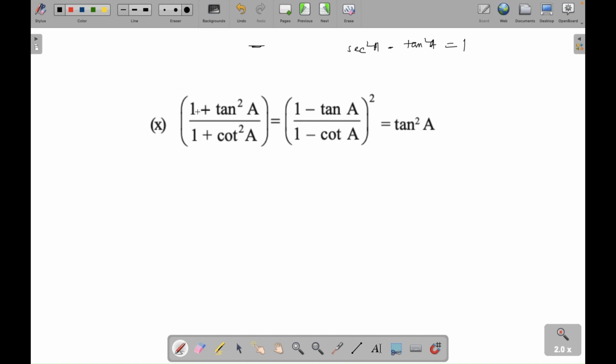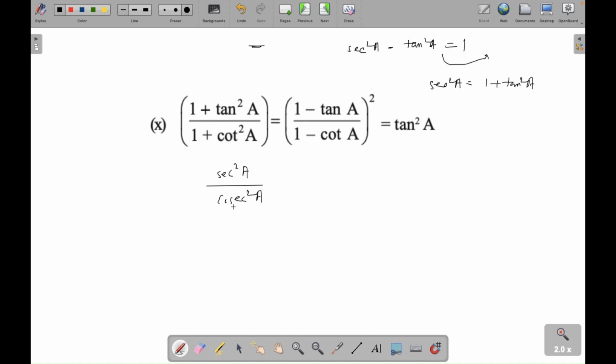Right, and whenever you see this 1 plus tan square A, you can just take this to the right hand side. So sec square A is equal to 1 plus tan square A, right? So 1 plus tan square A is equal to sec square A, and 1 plus cot square A is equal to cosec square A.